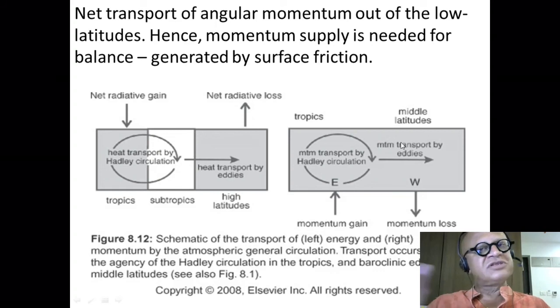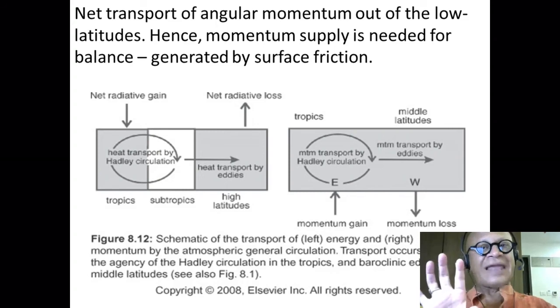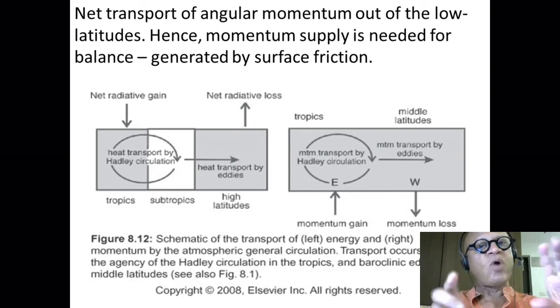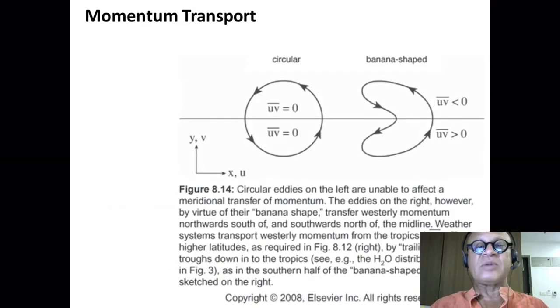So there is this angular momentum transport that is very different than the heat transport, because there is no constraint on the momentum transport other than that the net torque of the westerlies and the easterlies has to balance, and Earth cannot keep wobbling too much. Okay, there's a slight wobbling which shows up as change in the length of day, and that's about it.